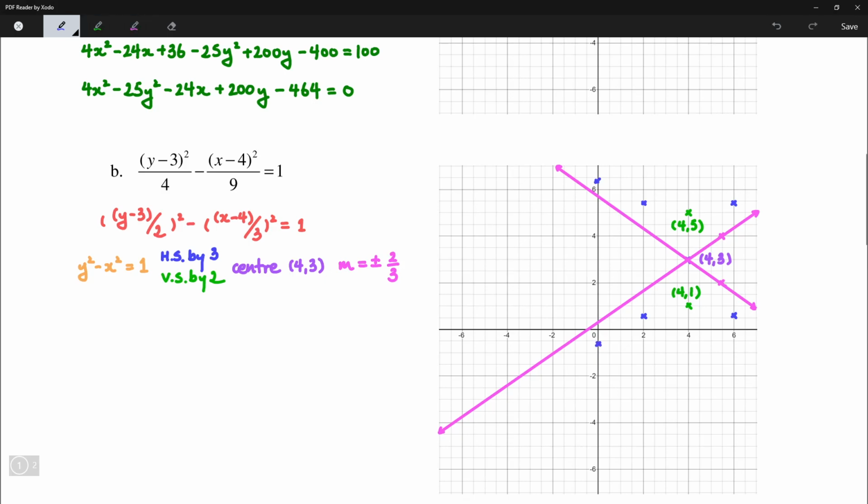And the hyperbola will look something like this. So let's go ahead and connect the points with a curve going through the vertex and approaching the asymptotes on the sides.